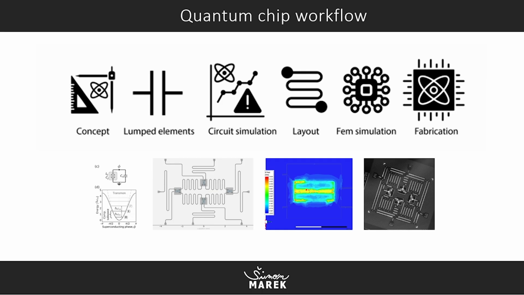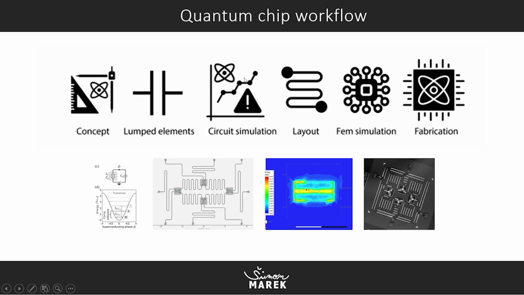So there is a quantum chip workflow for our parametric amplifiers, which is very similar to the qubit and quantum chip design. We start with the concept, and then we move to the lumped elements representation. Then we do circuit simulation.